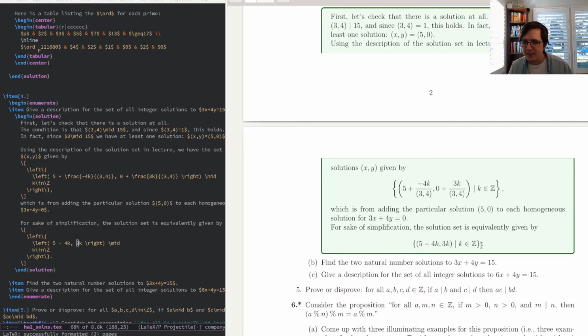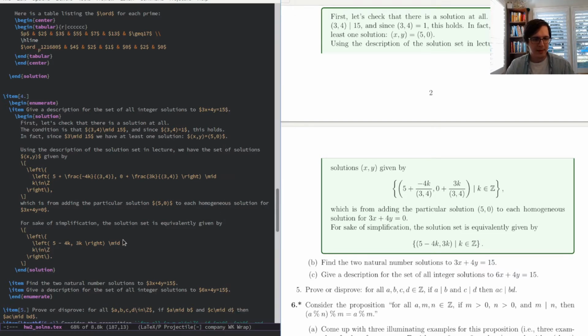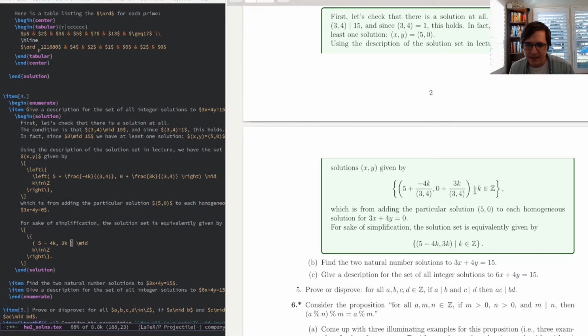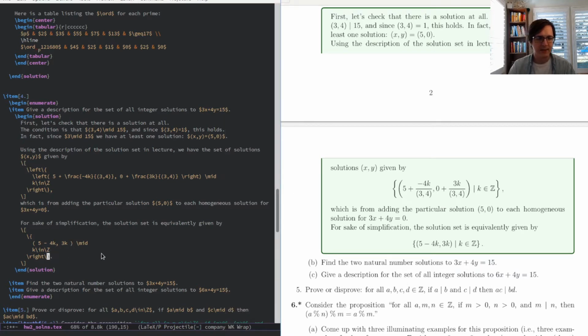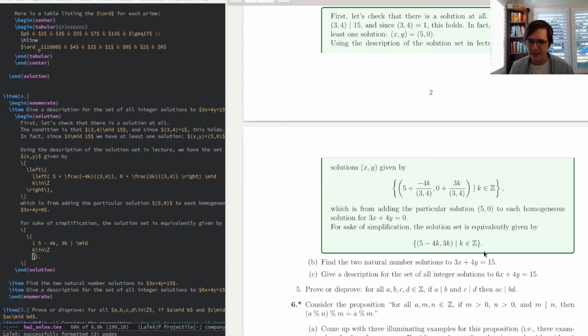That's fine, a little space. What are you doing there? Well, one way is we don't actually need the left and right anymore. All left and right do is make the delimiters big to encompass their contents. Oh wow, I forgot that. That should be big too. Now it's small, and I guess it decided it doesn't need quite so much space.